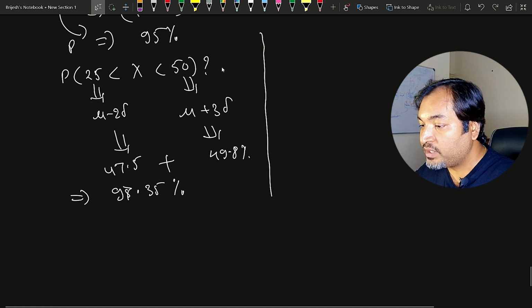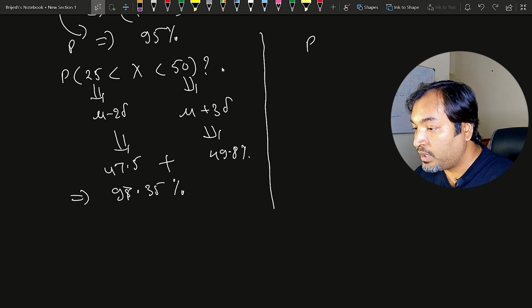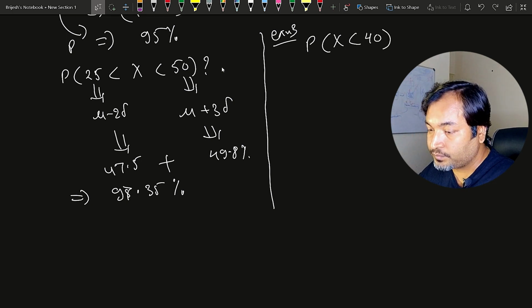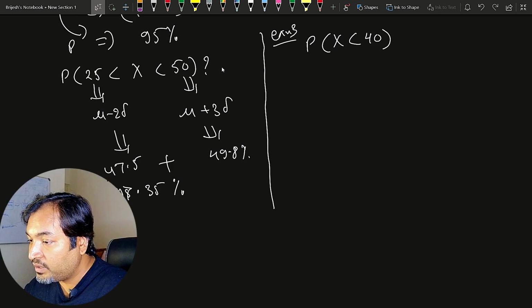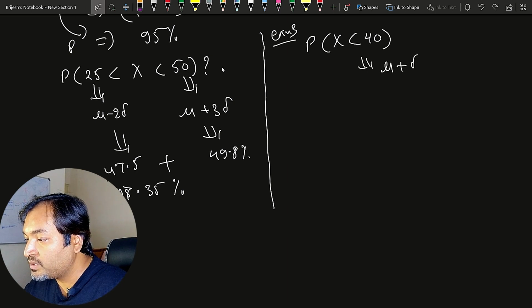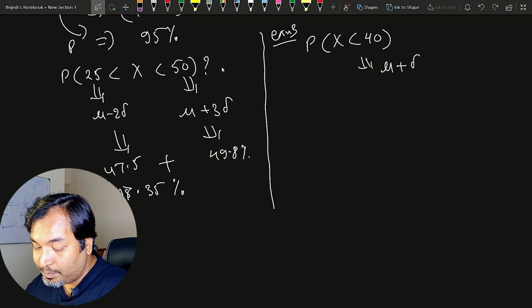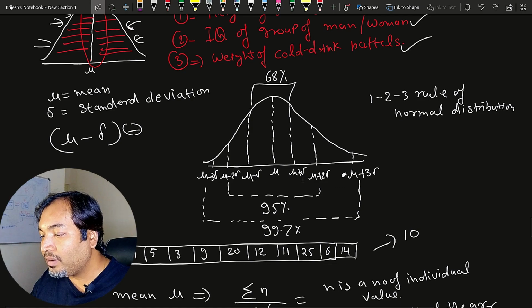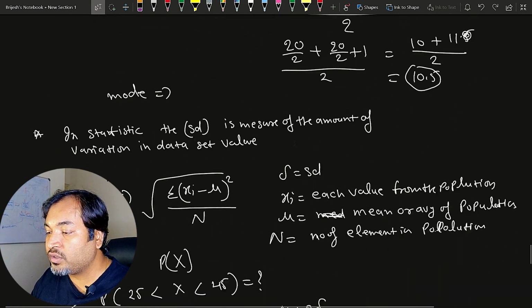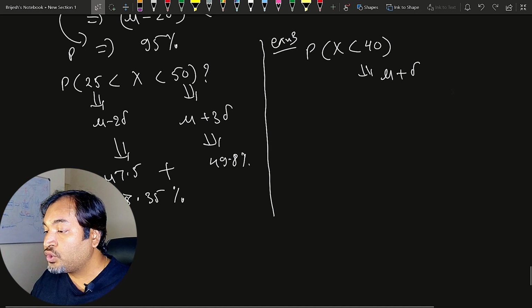Similarly, let's find out example 3, right? The probability where x is less than 40. So what we are saying here is that this belongs to mu plus sigma, right? If you observe here, from mu minus sigma to mu plus sigma, we have 68% of the probability distribution.